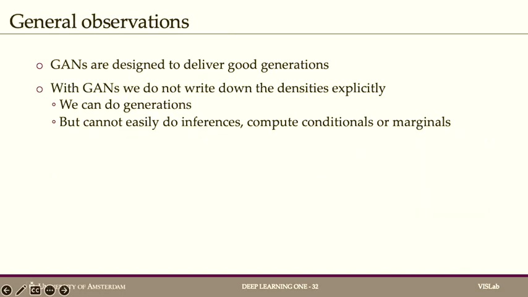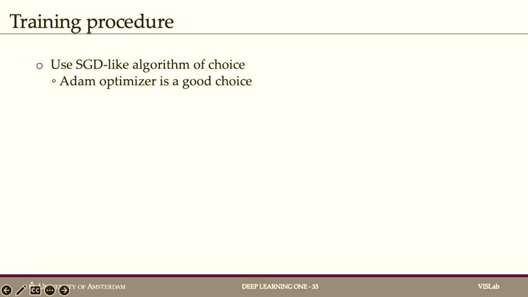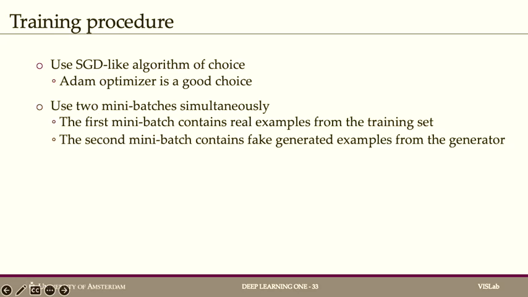All right, so these are the general observations that we have about GANs, and that's pretty much all there was to the information theory part. For the training procedure, we'll simply be using the same as we've always done, SGD or Adam, perhaps some weight decay. We talked about having to use 2 mini batches simultaneously.